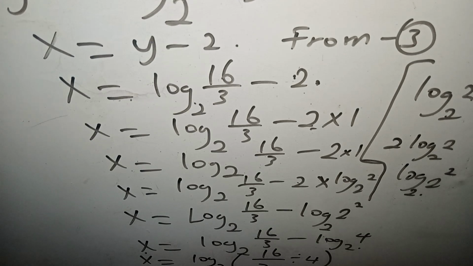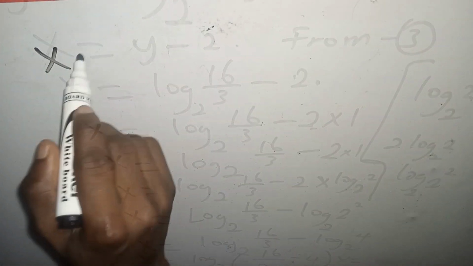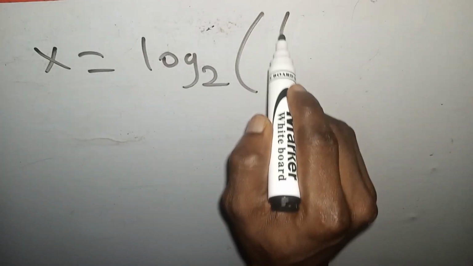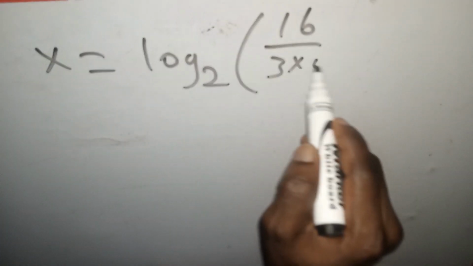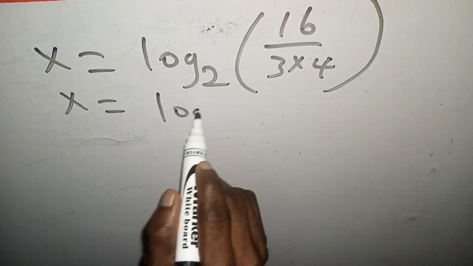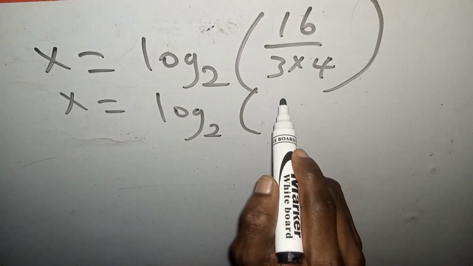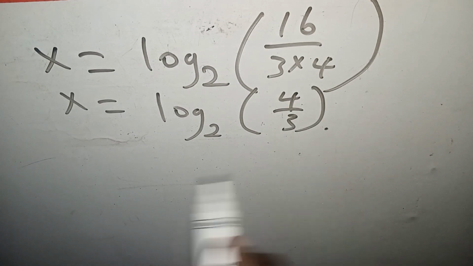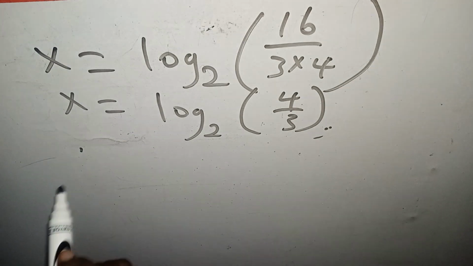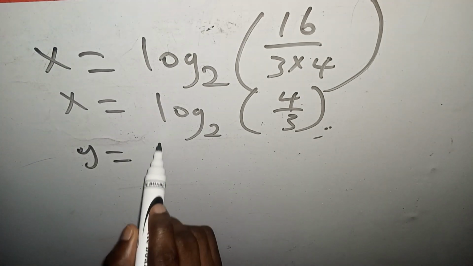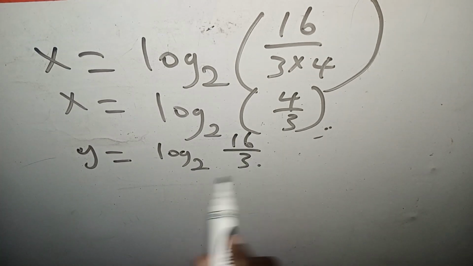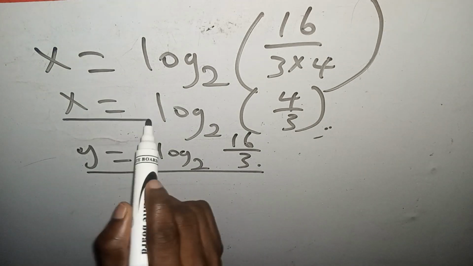And by the time we do that, our x is equal to log base 2 open bracket 16 over 3 times 1 over 4. By the time we cancel off, our x is equal to log base 2 open bracket 4 over 3. So this is your value for x, and recall that our y is equal to log base 2 16 over 3. So this is for our y and this is for our x.